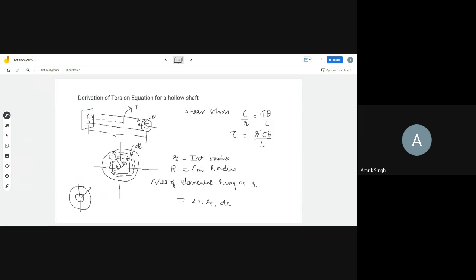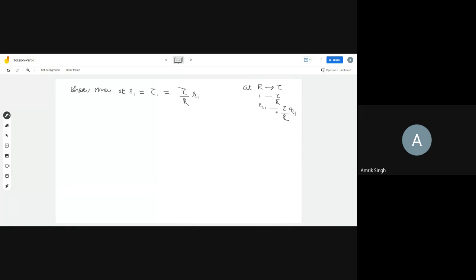Here it is tau, and this is R, and this radius is small r. At r1 this is the shear stress distribution, so the shear stress will be tau upon R into r1.